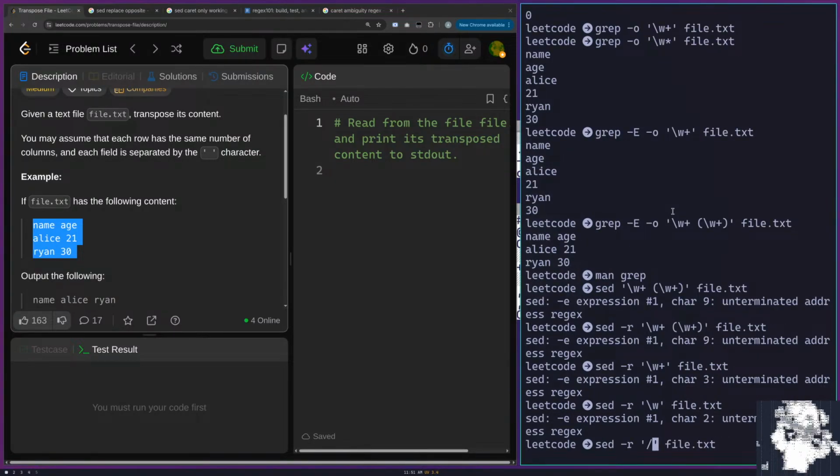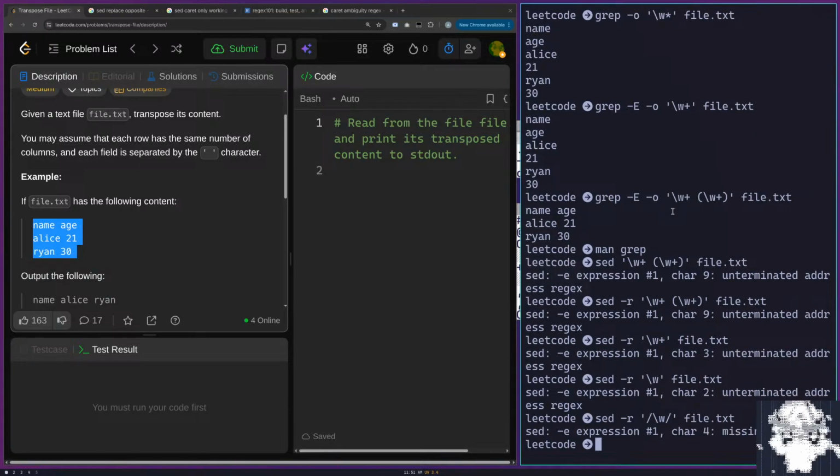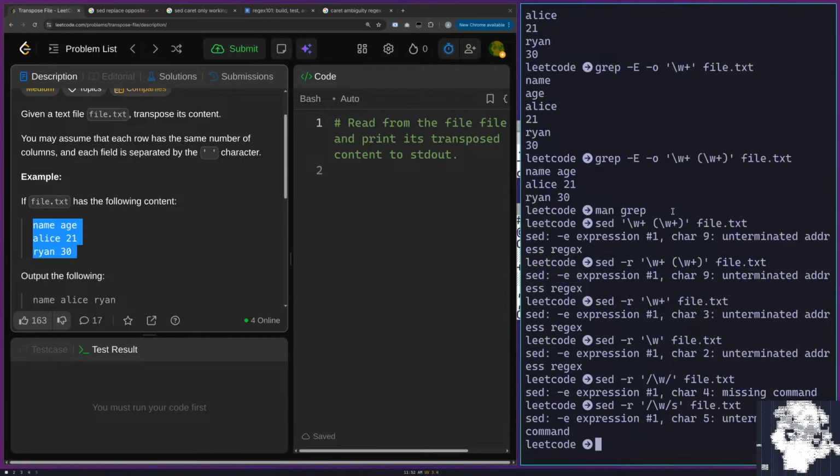Oh, I also forgot to do the slash thing. So you do //. Missing command. The command is going to be substitution. Replace it. Okay, this is what I want.